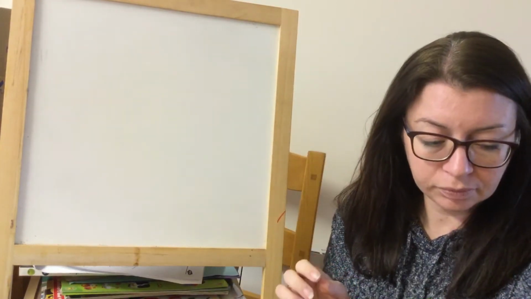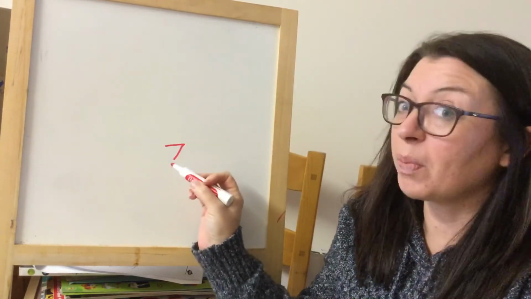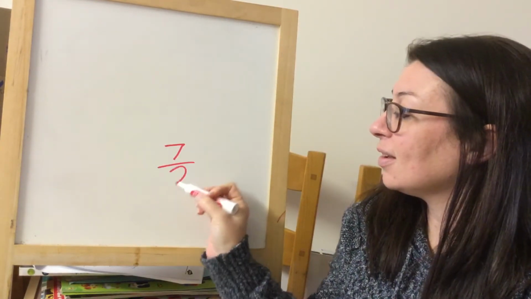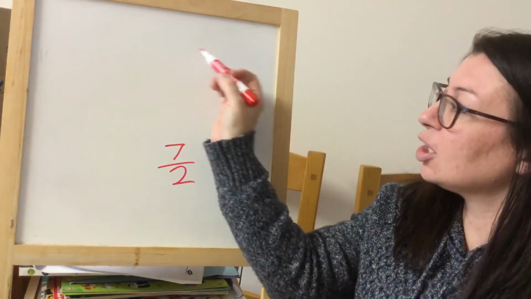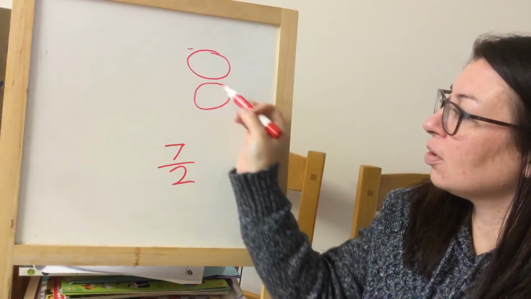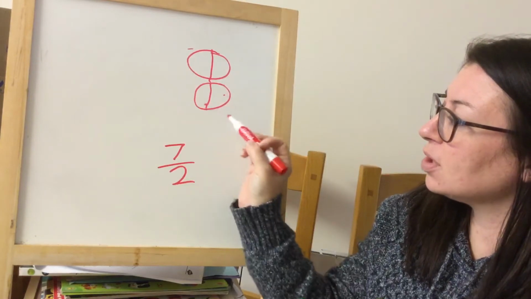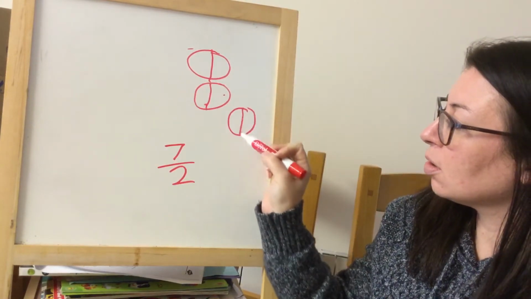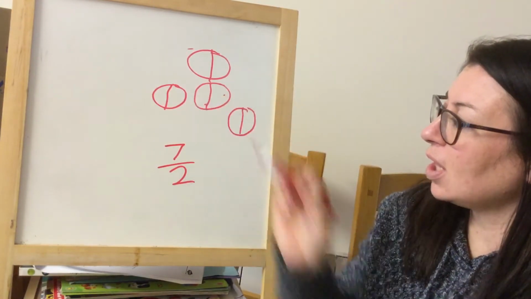So let's do another one. Sorry, my pen fell off the table. If you had 7 halves, or 7/2, it could be the same thing. So this time we might have circles. So that is 1, 2, 3, 4/2, 5, 6/2, 7, 8/2.